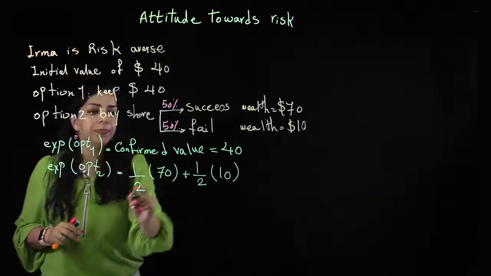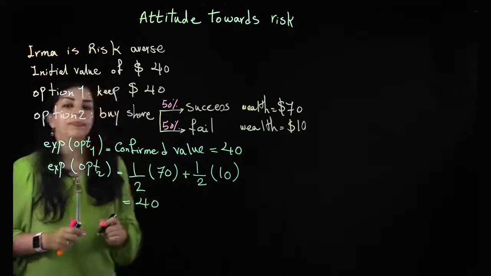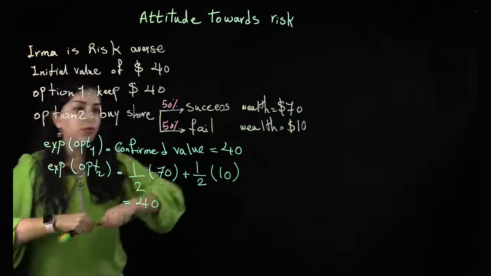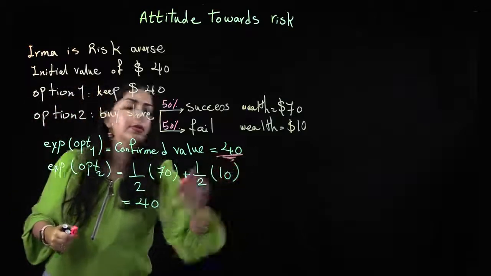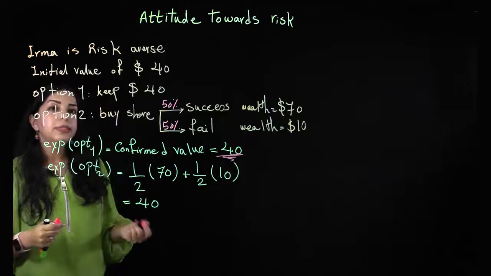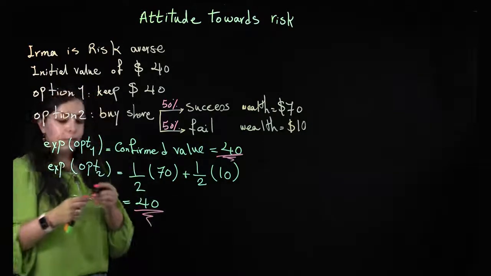How much will that be? Again, it's equal to 40. So the confirmed value with no risk is 40, and the expected value, meaning taking the risk, is also 40 units.